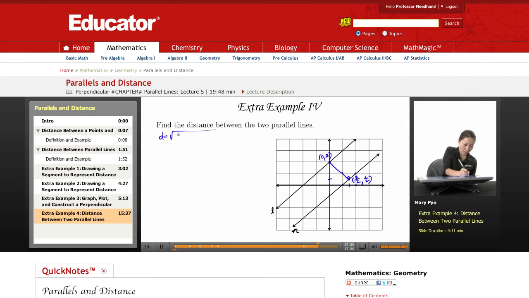Distance formula again is the square root of x2 minus x1, or x1 minus x2, squared, plus y2 minus y1 squared. So find the square root again. I'm going to subtract the x's, so 0 minus 3 over 2 squared, plus 2 minus 1/2 squared.